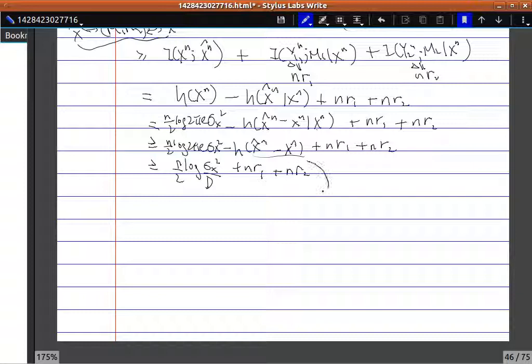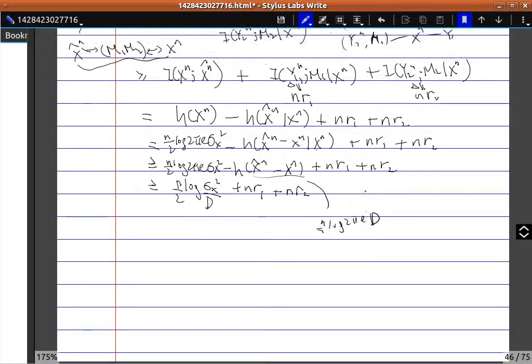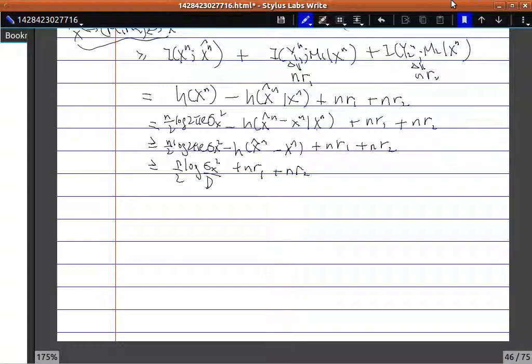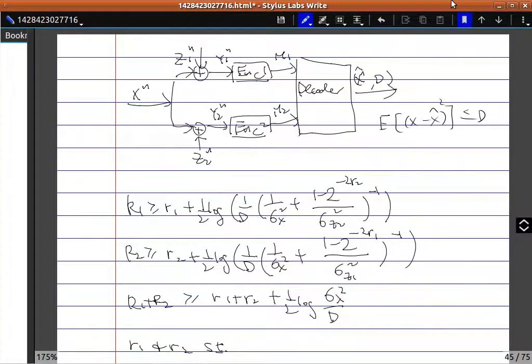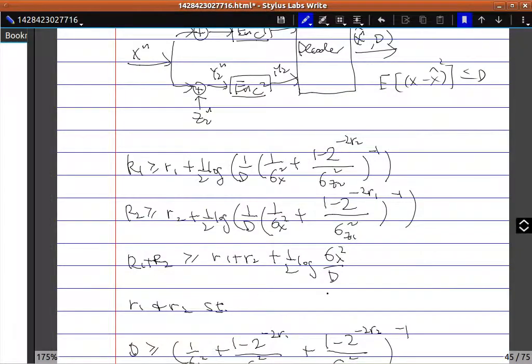So therefore this is just n over 2 log 2 pi e d. So therefore, we have this eventually. So basically, we find the first bound here.